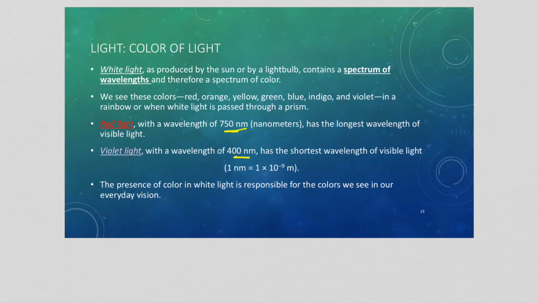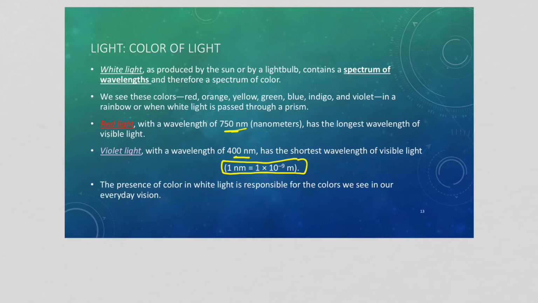Now remember from our metric system that 1 nanometer equals 1 times 10 to the minus 9th meters. This is something we're going to want to know, so that we can convert from meters to nanometers.